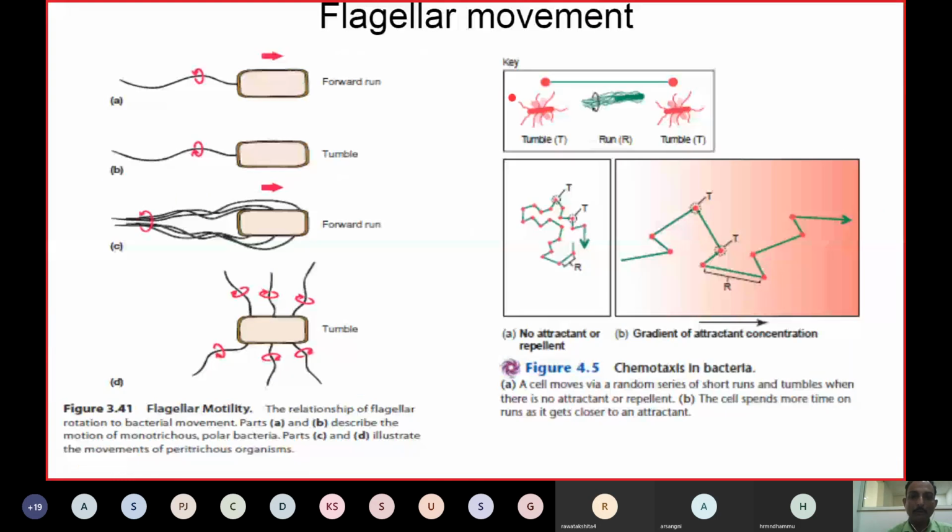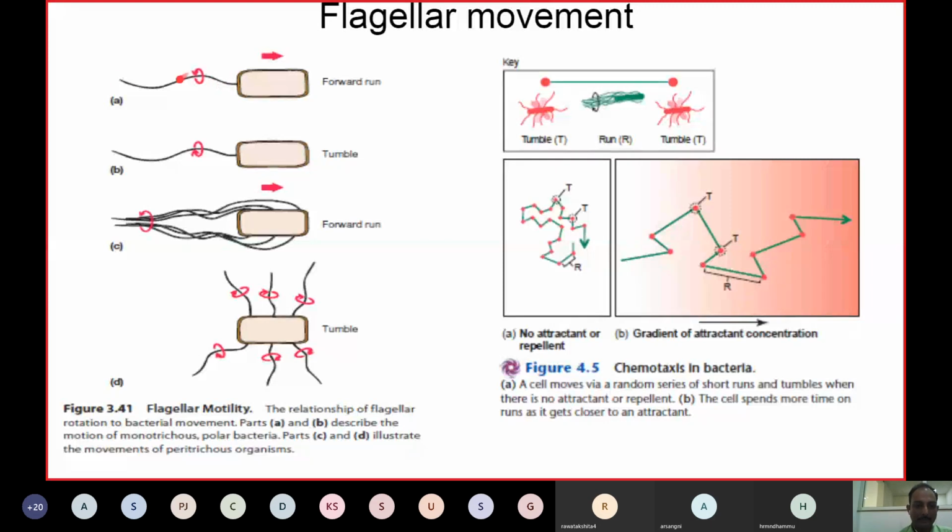Okay, so about the motility or movement, how a bacterium moves with the help of flagella. In general, we can say it is like a turbine motion, right? This is a flagellum, and this is a bacterium.